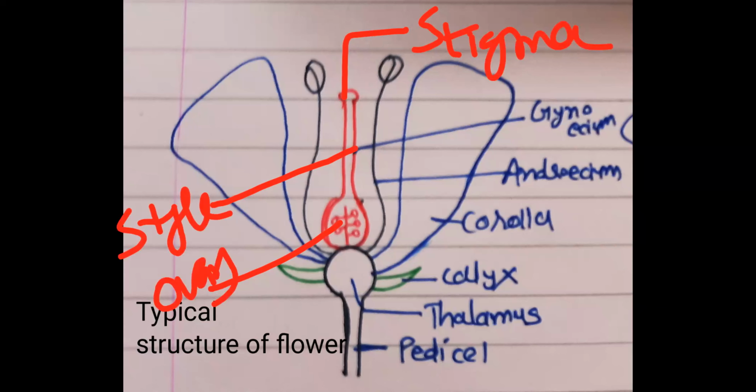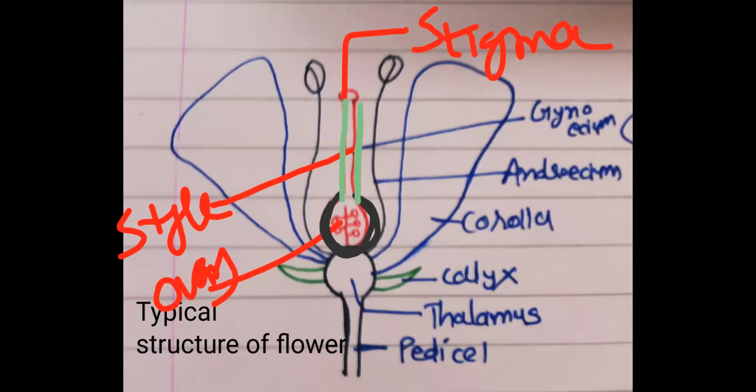Now, ovary, style, and stigma, in that ovary, that is the base part, basal part, right? Which is the enlarged basal part, on which the elongated tubular structure is present, that we call style.